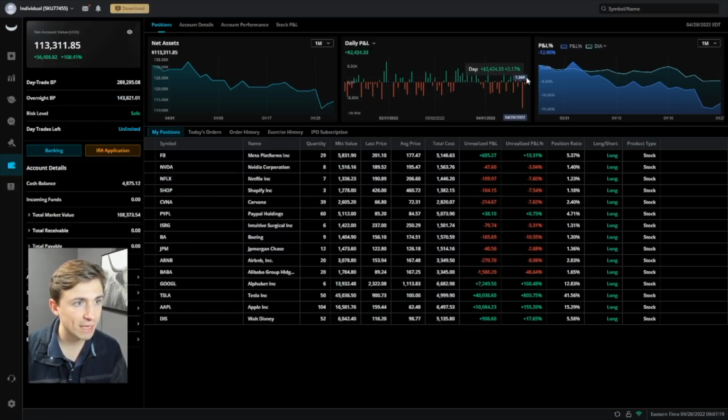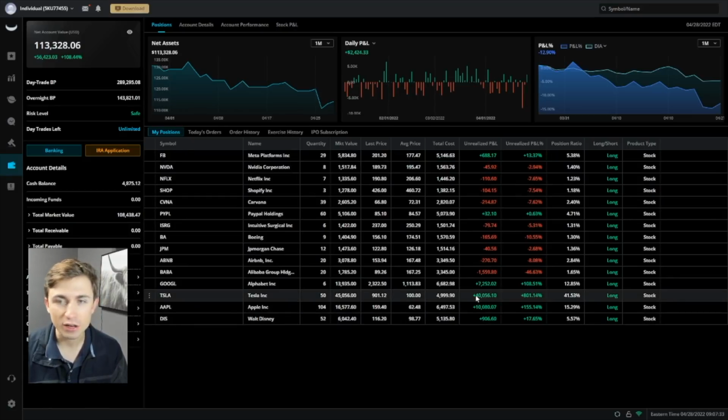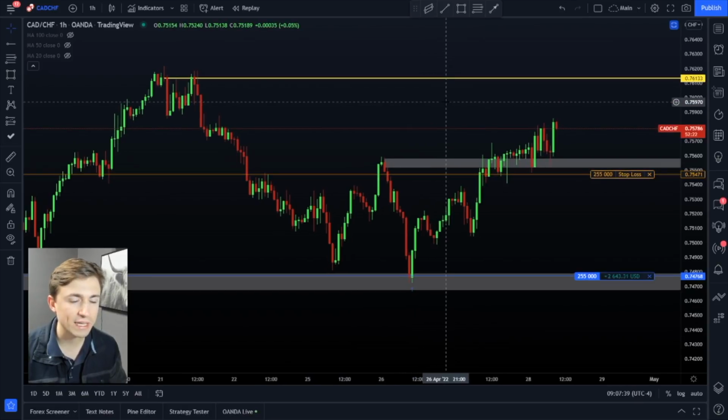We've since rallied back. Today is looking good. We're up 2,400 bucks on this account. A lot of this stuff is longer term and more investments, but I have taken some trades in here as well. My Facebook trade is going really well, 680 bucks right now. That's nice. So I feel like it's a really busy time in the markets. That's just my personal take on it, but we're in and out of some of this stuff.